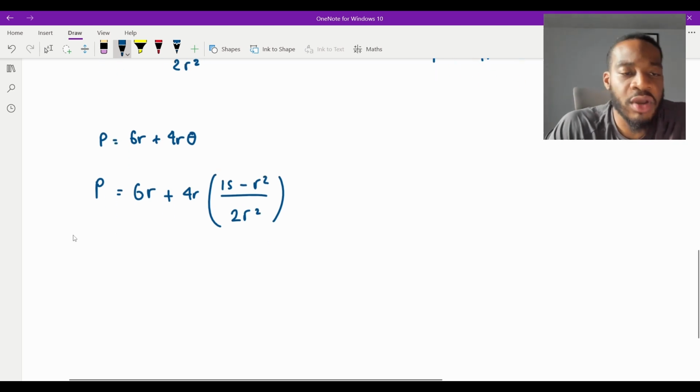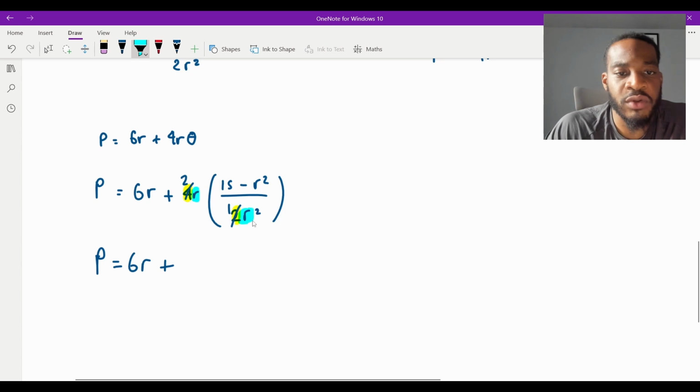So tidying that up, P is going to equal 6r. Now without expanding it, I can actually just simplify, can't I? Because I've got a 4 there and I've got a 2, so I can cancel those. 2 goes into 2 once, 2 goes into 4 twice. There's a 2 there. And then I've also got this r, which I could cancel with one of the r's at the bottom. So that will just be 1.